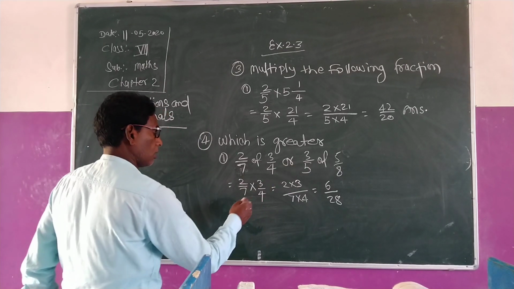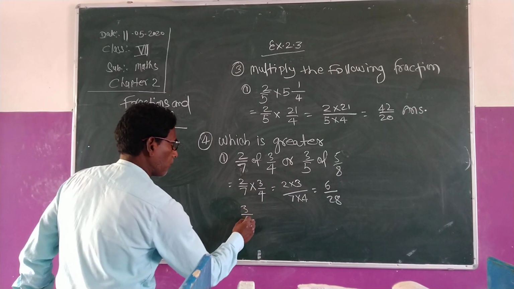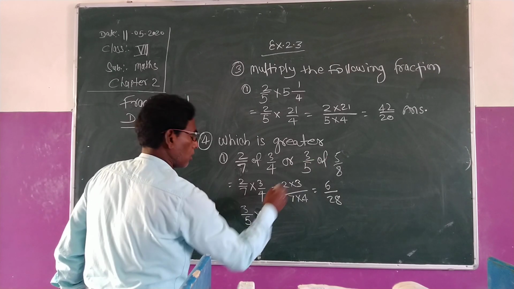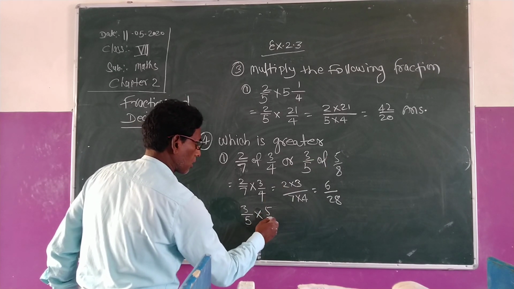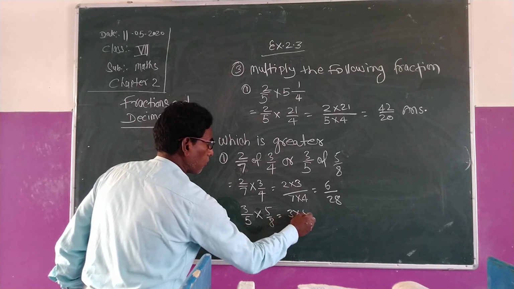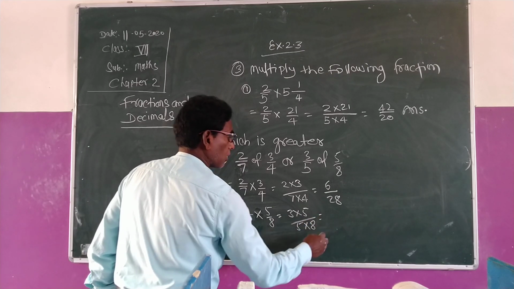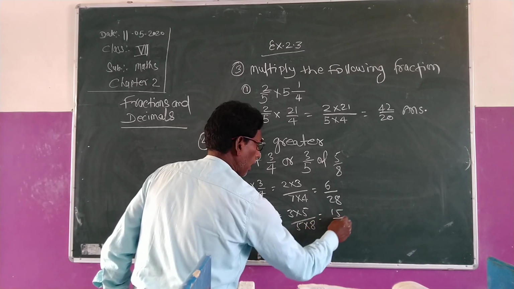And for 3/5 of 5/8, 3/5 into 5/8 is equal to 3 into 5 by 5 into 8, which is 15/40.